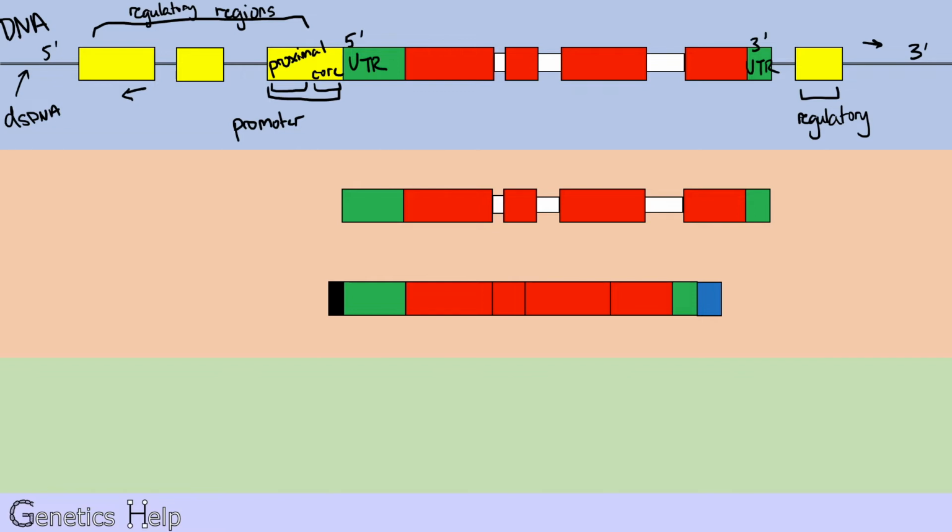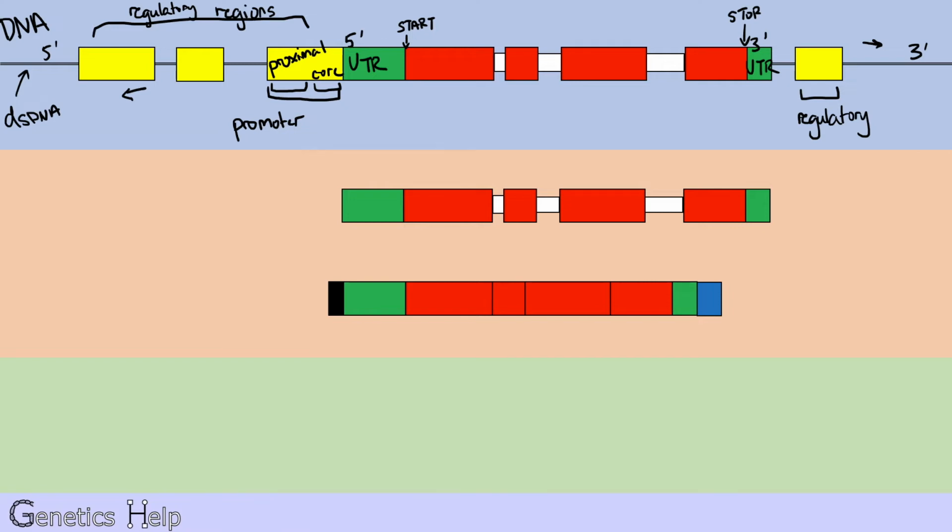You'll see that later on it'll be translated, because the start of transcription happens right at the beginning of the UTR, but the start codon for the translation is found right here. So I'm going to put start. And over here, we have our stop codon.